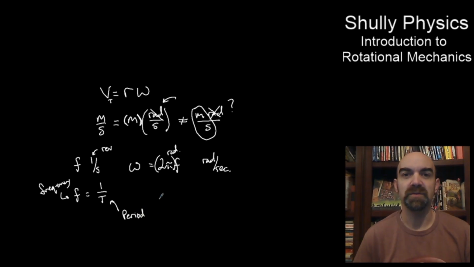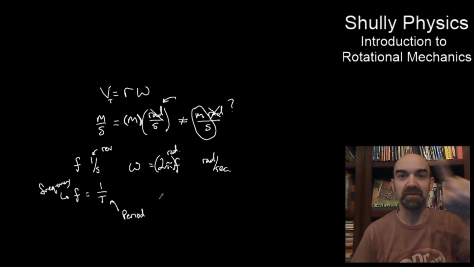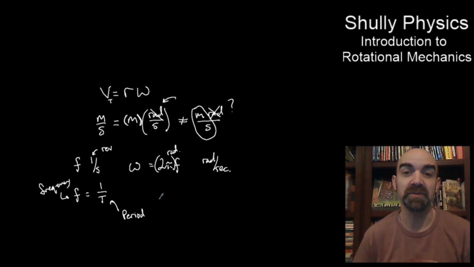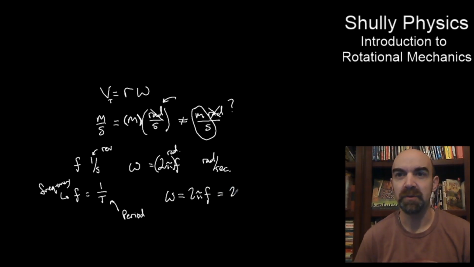So if a certain spin takes about 2 seconds for an object to rotate around, its frequency is 1/2 rotation per second. And then finally, just to bring this full circle, the relationship between omega and frequency is 2 pi f. So that'll give us number of radians per second. And of course, that can be written 2 pi over period, if we want to relate period to omega.